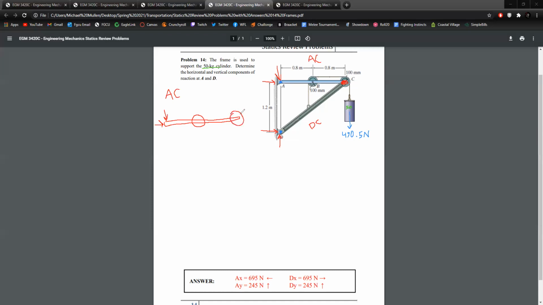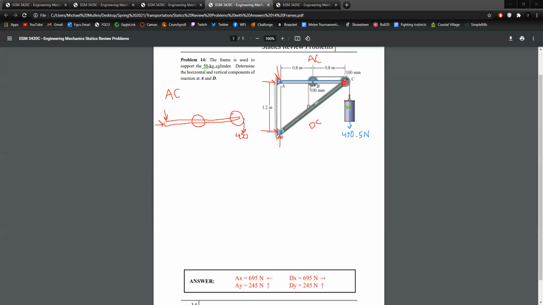And we have the outside pulley. So we know that we have 490 here as this weight in this cable, and we follow that cable around just like we did before until we get here.